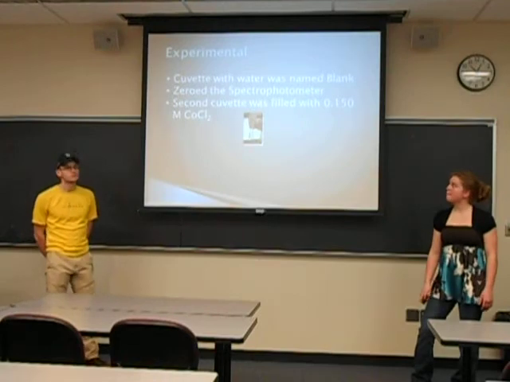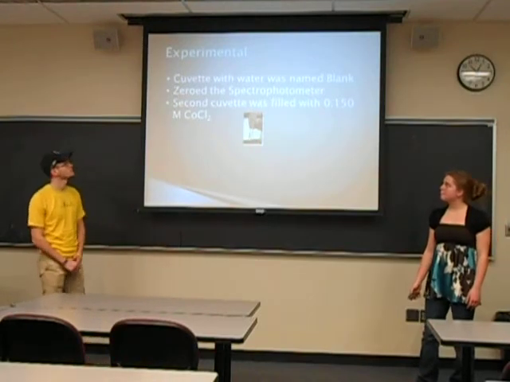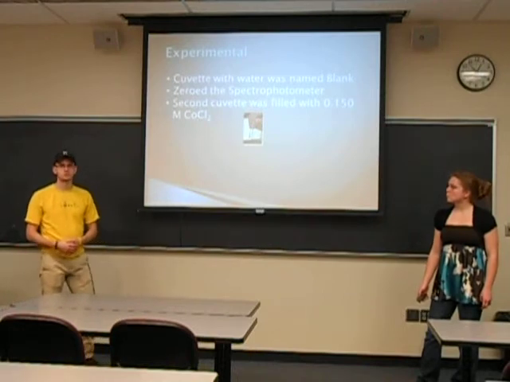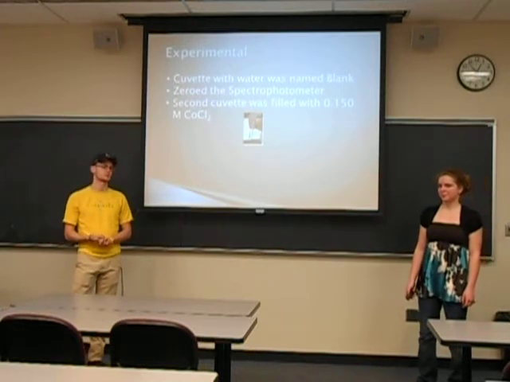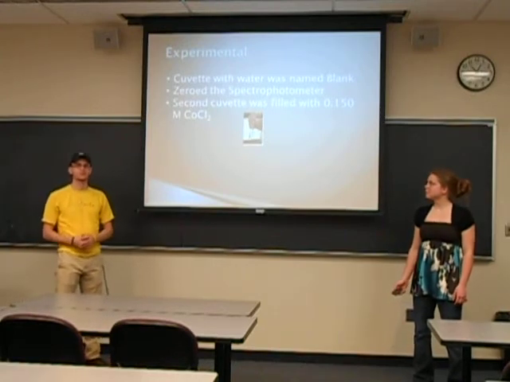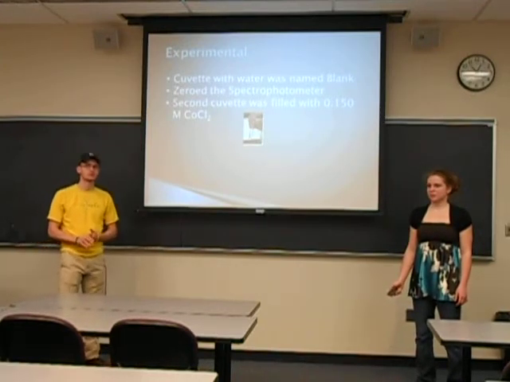In the experimental, your first step will be a cuvette with water, named the blank. It is used to zero the spectrophotometer. The second cuvette is then filled with 0.150 molar cobalt-2 chloride.